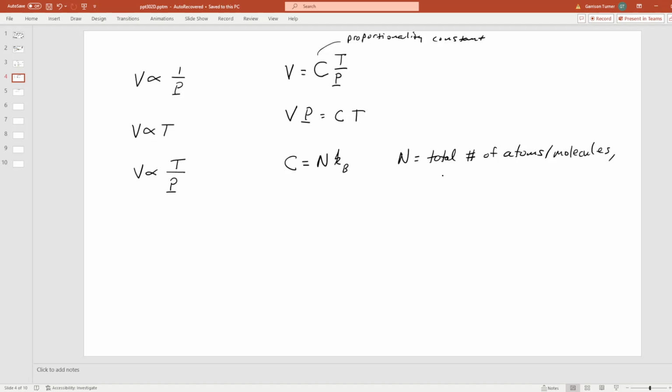So N is the total number of atoms or molecules, and Kb is what's known as Boltzmann's constant.